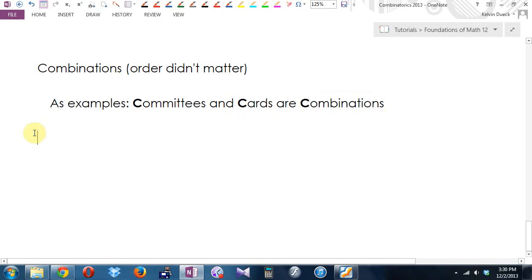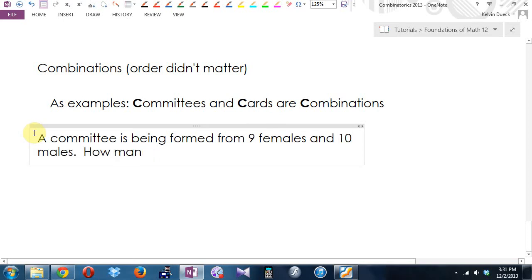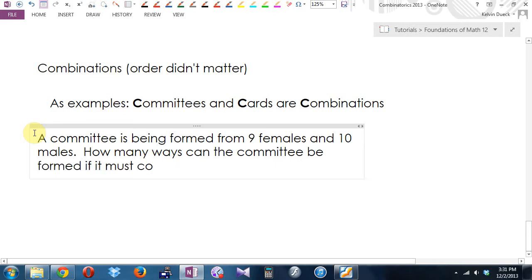So what will you see? Something like this. A committee is being formed from 9 females and 10 males. How many ways can the committee be formed if it must consist of A, 7 people?